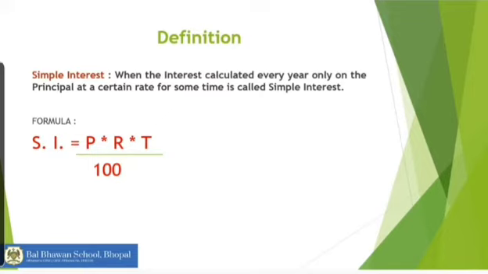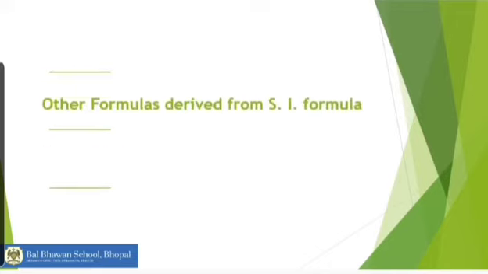To find the simple interest, we can easily substitute the values in this formula. For this, you should know the principal, the rate and the time for which the amount is invested or borrowed.